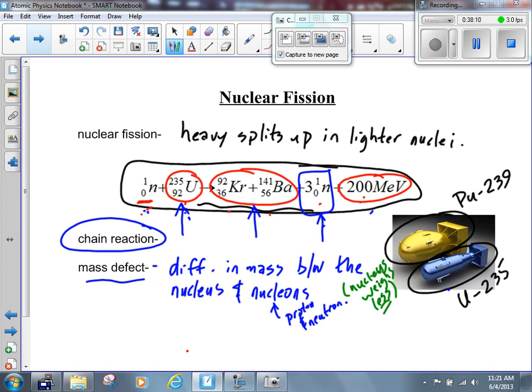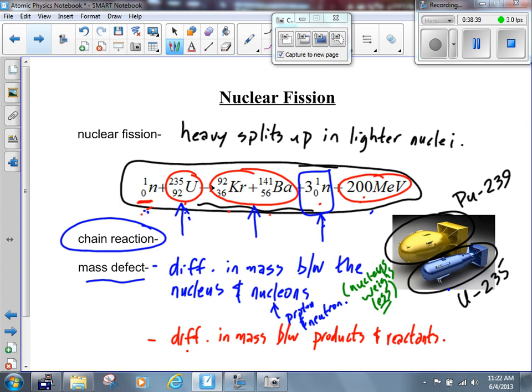Now, the other way we can define mass defect is the difference in mass between the products and reactants, or between the daughter nuclei and the parent nuclei. Now, it seems like two different definitions, but in the end, this second definition stems from the first definition.